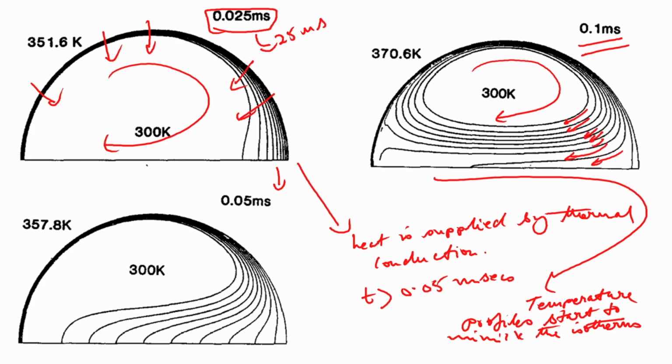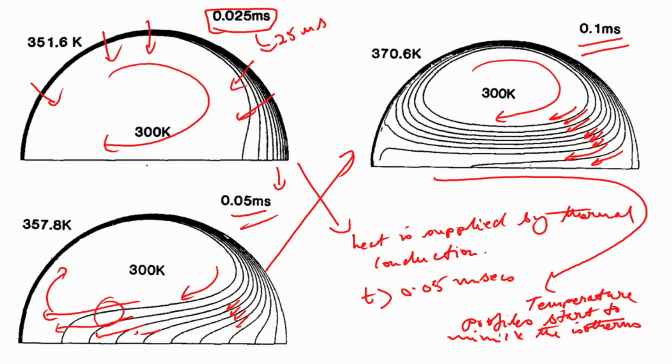From here and here, these are the two instances where this has just started. Here it is complete, so these isotherms now extend all the way in that direction and curve up. That is what you see when you go from here to here. This is at a later time instance, like 0.1 seconds.